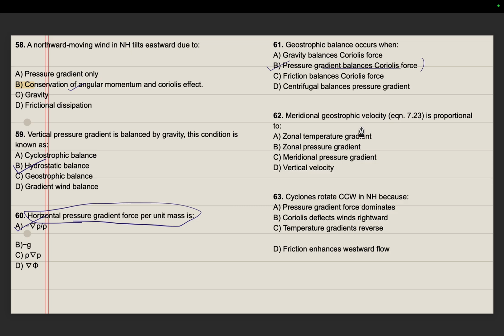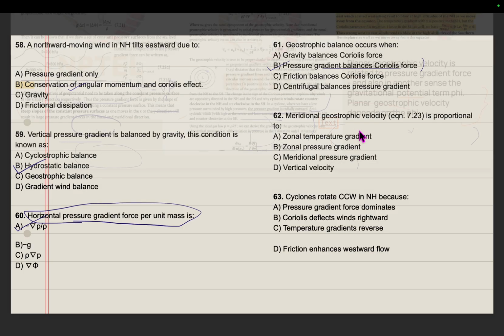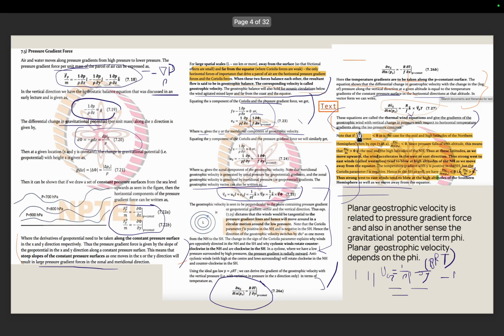And question 62, in equation 7.23, the meridional geostrophic velocity equation has been given. So this meridional geostrophic velocity Vg is proportional to what?